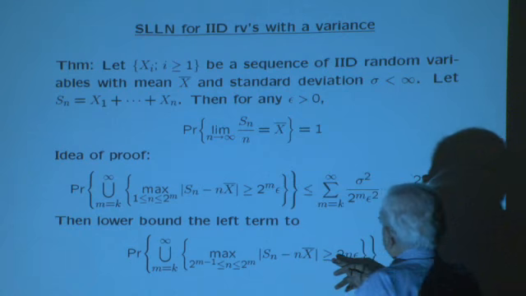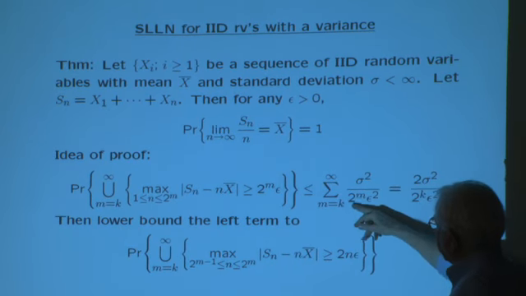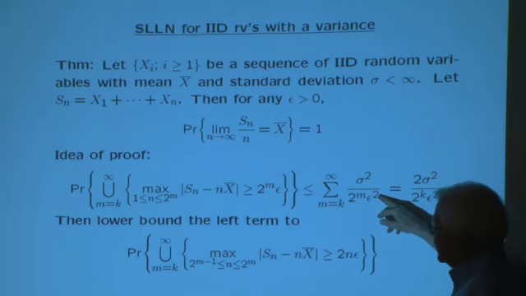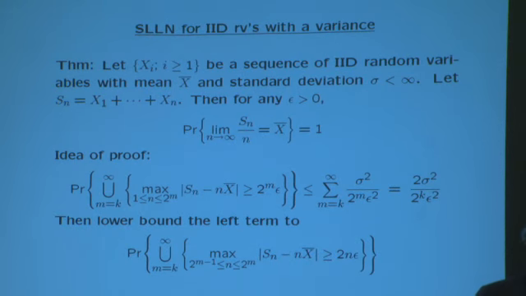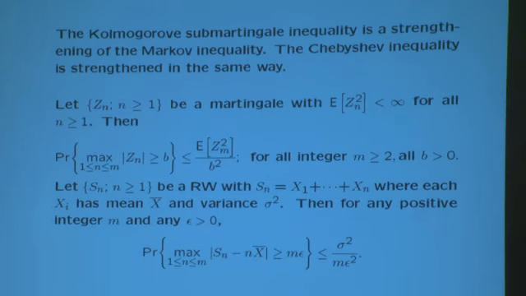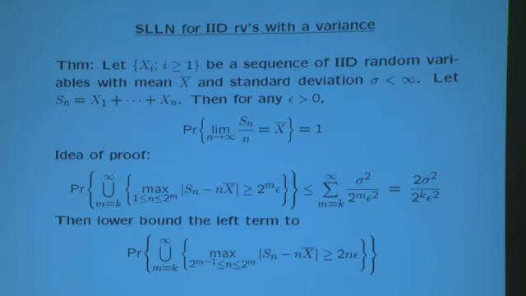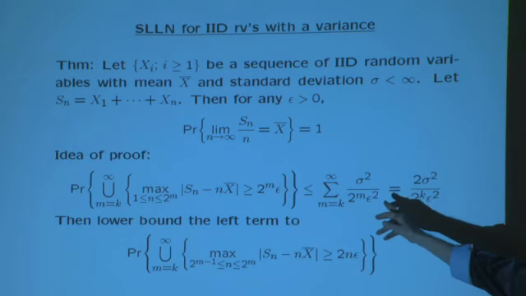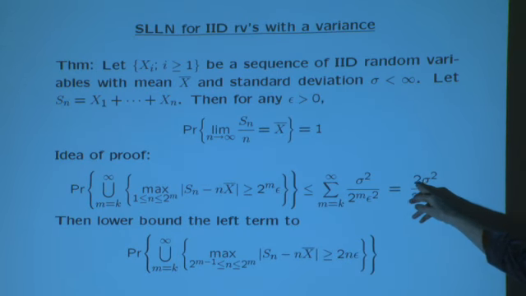Each of these terms is sigma squared over 2 to the m times epsilon squared. That's what we had on the last page, I hope. Yes, sigma squared over m times epsilon squared. Remember, we replaced m by 2 to the m. So this is changed in that way. And now we can sum this, and when we sum it, we just get 2 sigma squared over 2 to the k times epsilon squared.